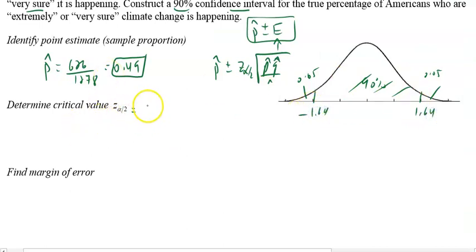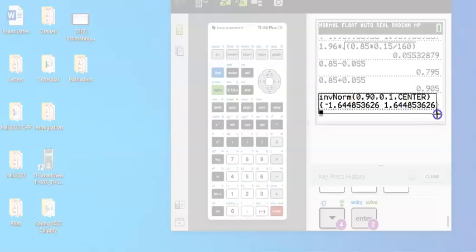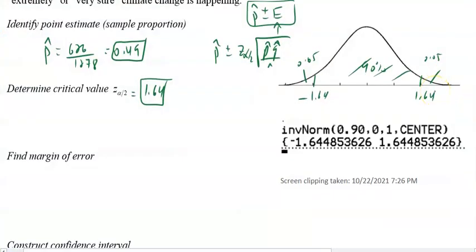So z sub alpha over 2 is 1.64. There it is. And let me shrink that a bit.